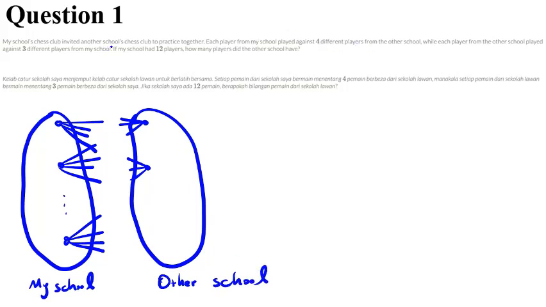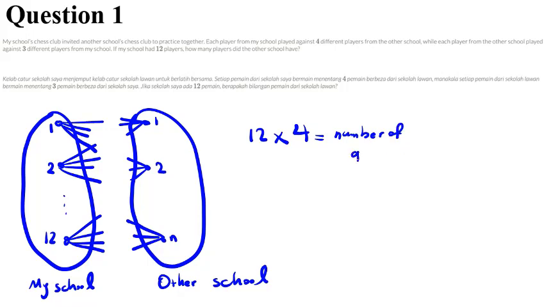Now, let's read the rest. If my school had 12 players, 1, 2 to 12, how many players did the other school have? So, suppose the other school has 1 to n. If we want to calculate the lines between these two parts, from this part I can say 12 times 4, the number of games, equals what?